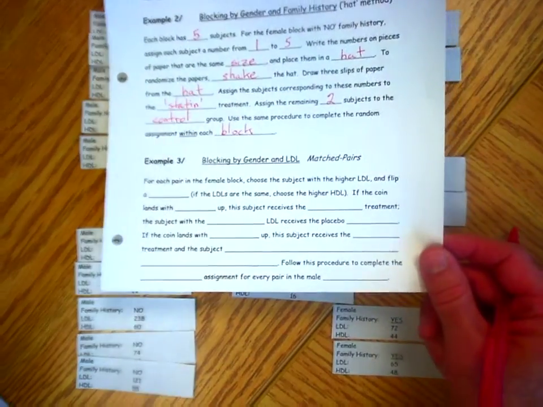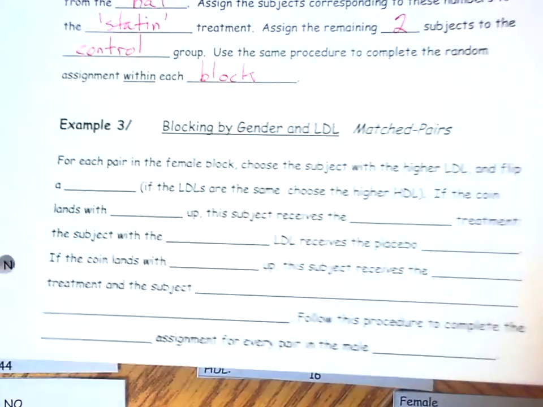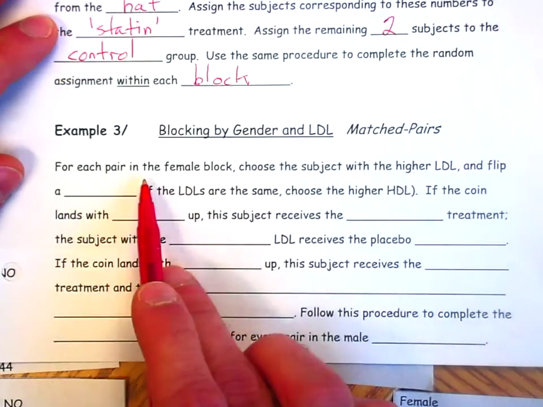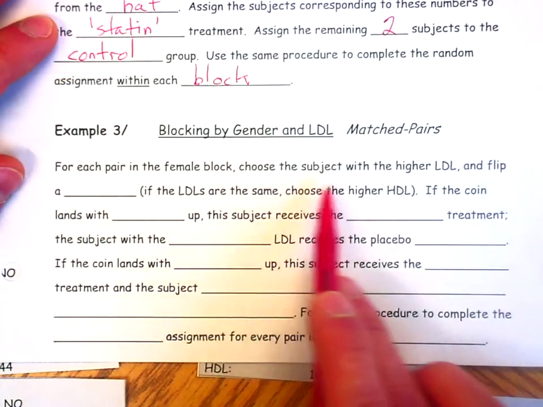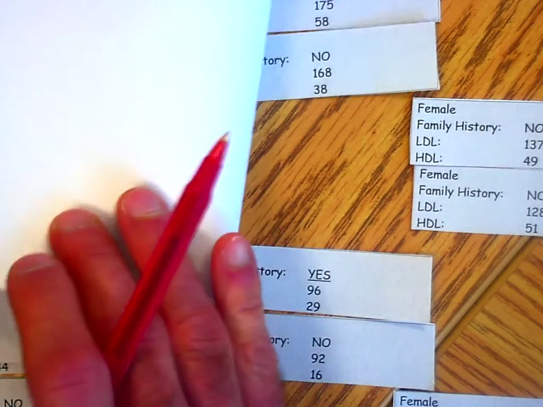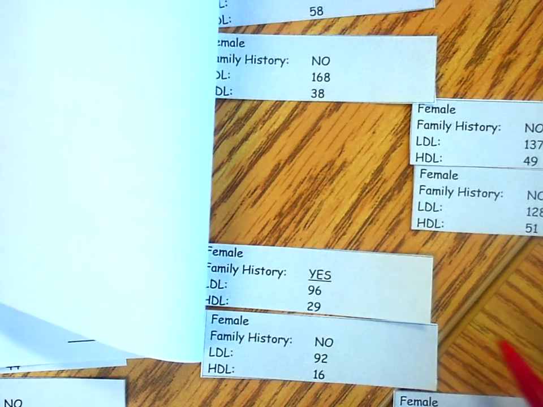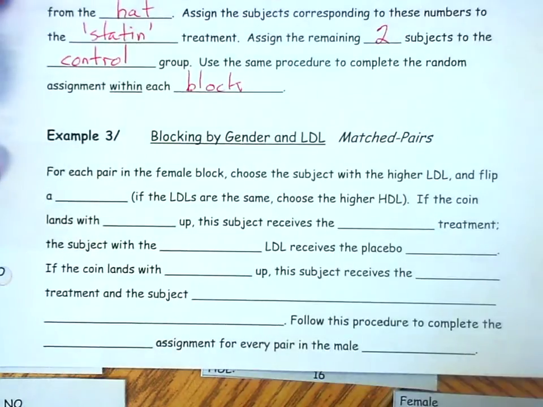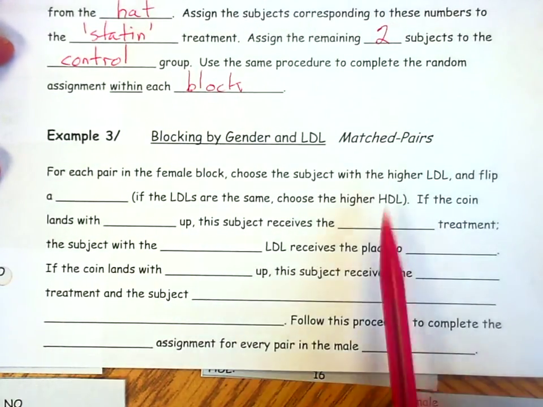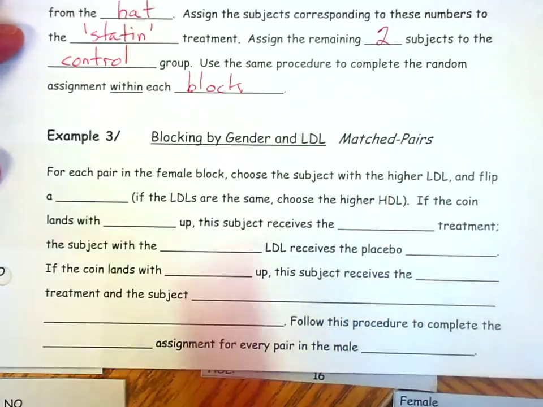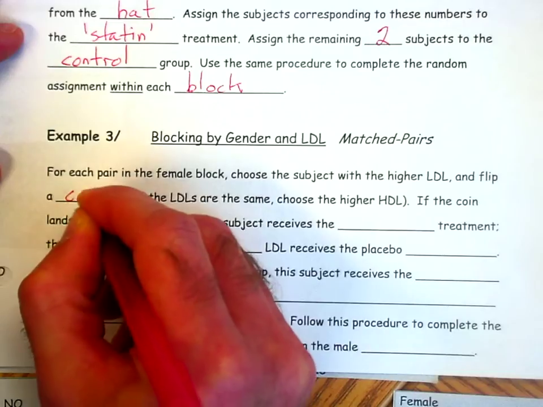So let's explain what the randomization would look like in this case. So for each pair now in the female block, let's choose the subject with the higher LDL. So for instance, for this pair of subjects here, we would be looking at the subject with the 96 LDL versus the 92. It doesn't matter whether you start with higher or lower, you just want to be specific. So let's choose the subject with higher LDL, and we'll flip a coin.